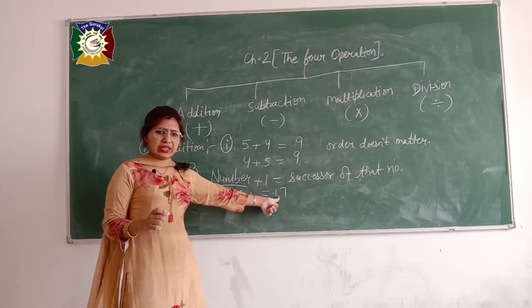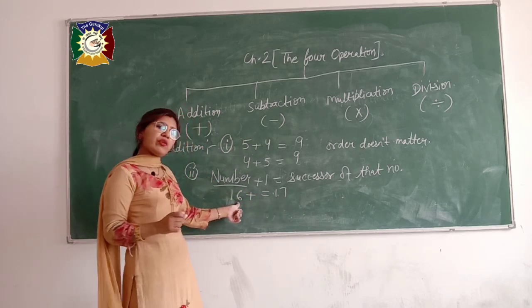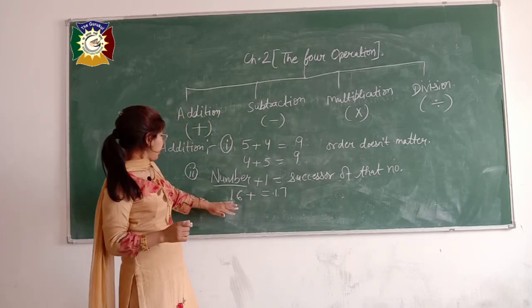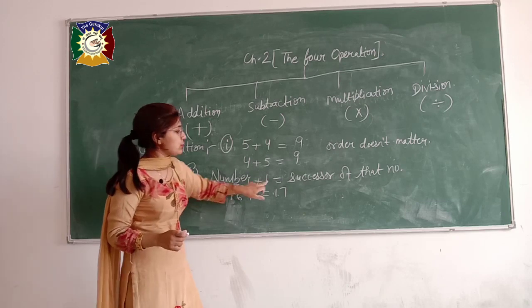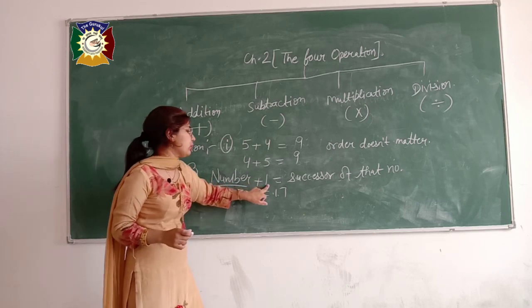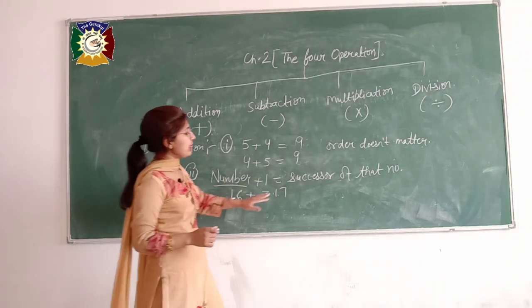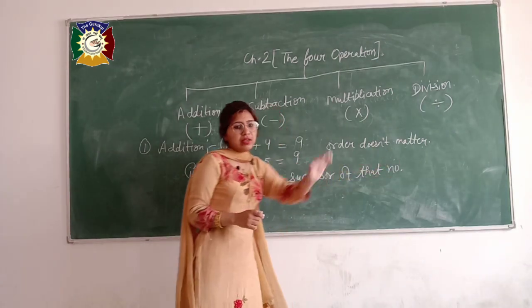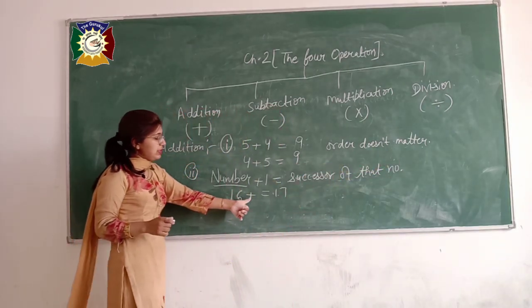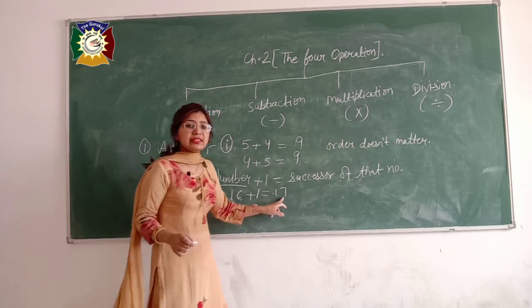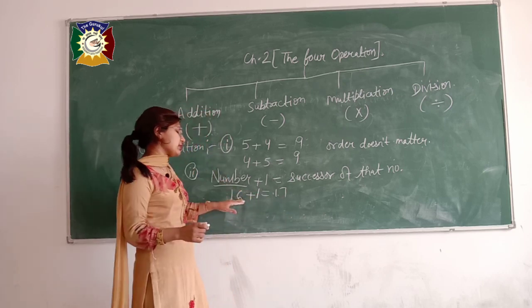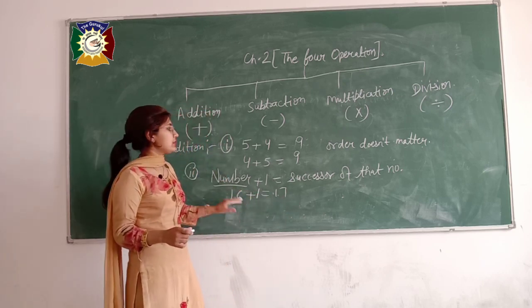And 17 is what? 17 is the successor of our 16. So the second property is number plus 1. That is, when you add 1 to the number, you will get the successor of that number. From here you can see 16 plus 1 gives 17, and 17 is the successor of 16.